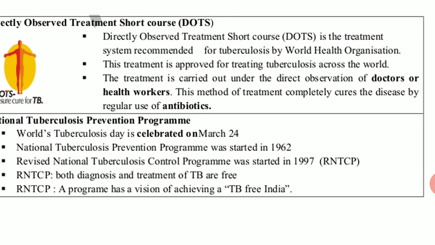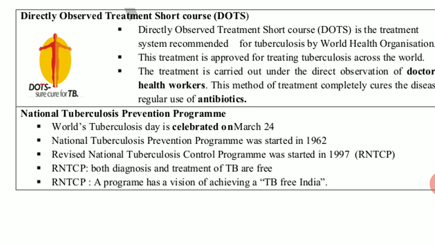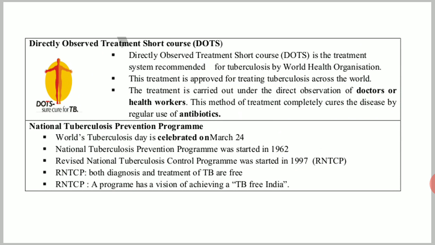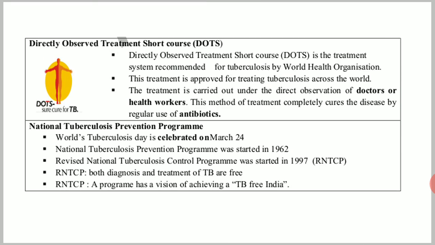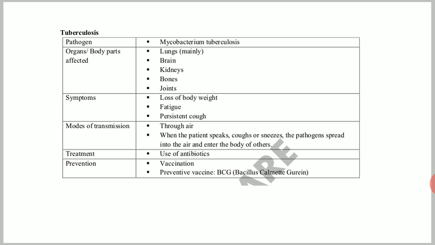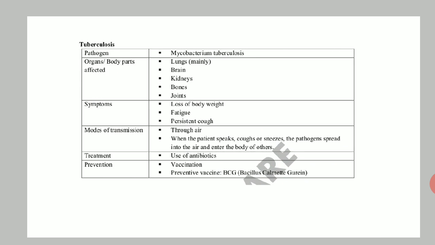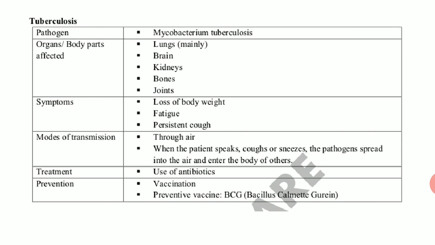Then National Tuberculosis Control Program was started in 1997, RNTCP. Different programs are carried out by state government and central government to prevent this disease to an extent. Mainly, as I told you, the pathogen, mode of transmission, symptom, then treatment and preventive measures of tuberculosis. You have to learn about all these points.